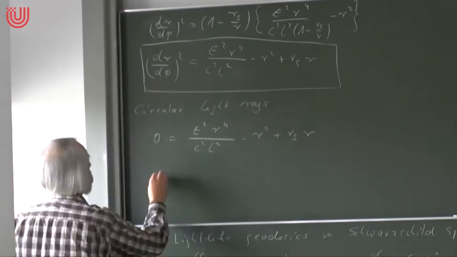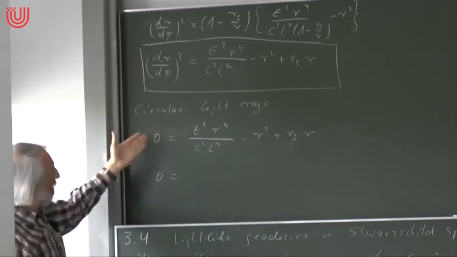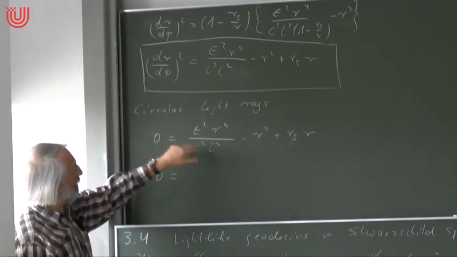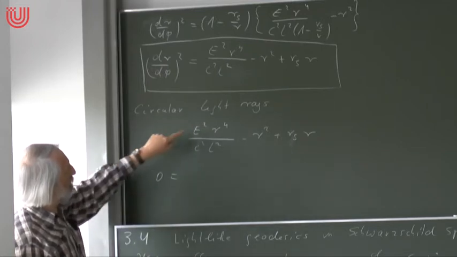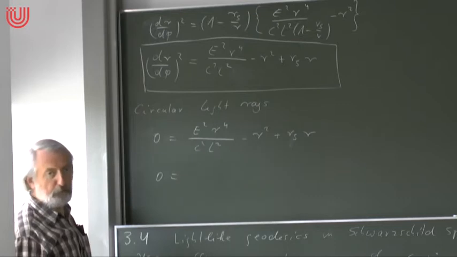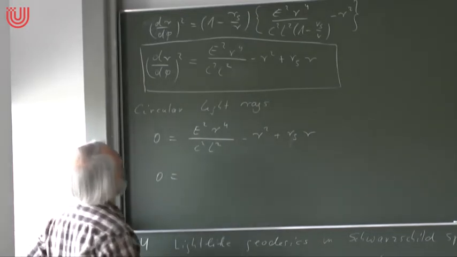This equation alone doesn't help, because it doesn't fix the radius for which circular light rays exist, since we still have the E over L in it. And we need a second equation. The second equation is found by differentiating this.